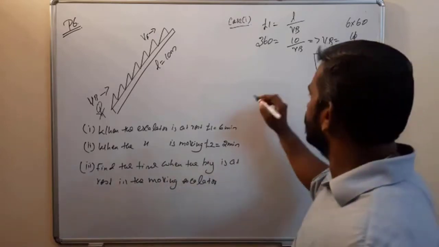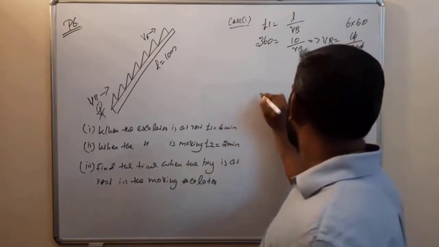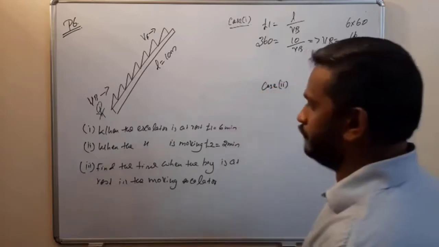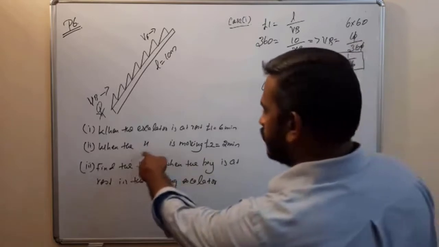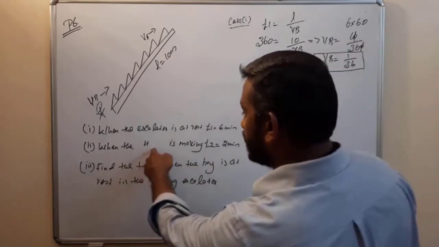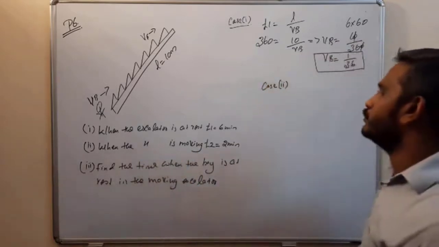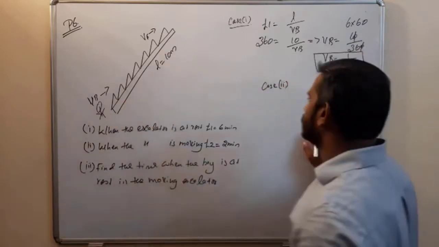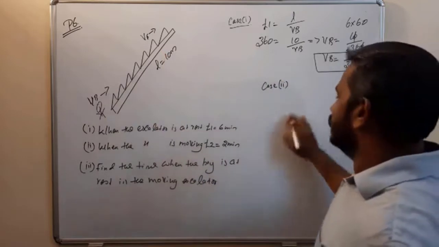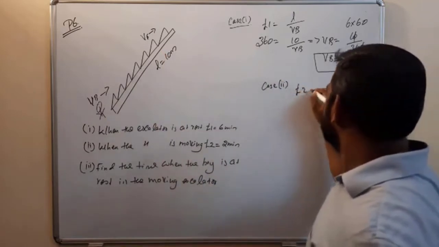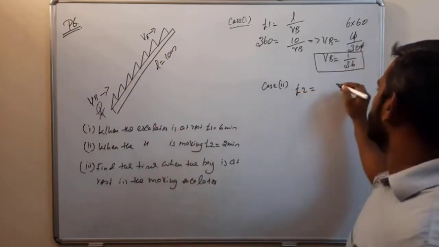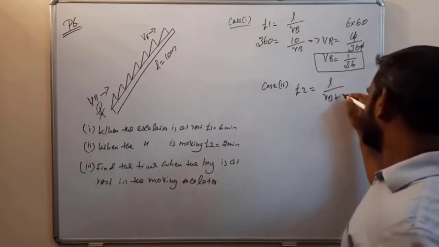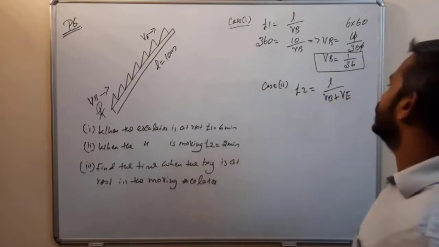Okay. Then case 2. When the escalator is moving, T2 is equal to 2 minutes. So the escalator is moving, and the boy is also moving. So T2 is equal to L by VB plus VE.